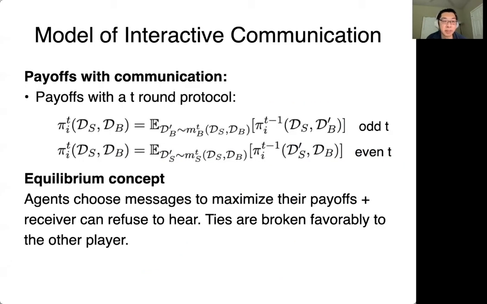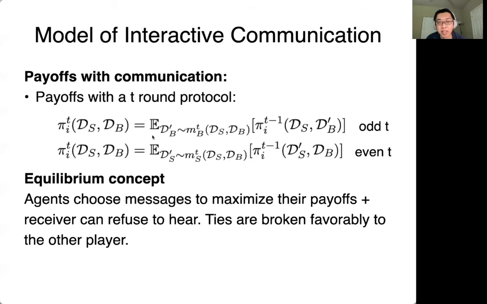And we can define the payoffs with communication in the following way. So let pi_i^t(dS, dB) be the utility for player i in a t-round protocol when the perceived distributions are dS and dB. So for an odd t, it's the turn for Bob to send the message.